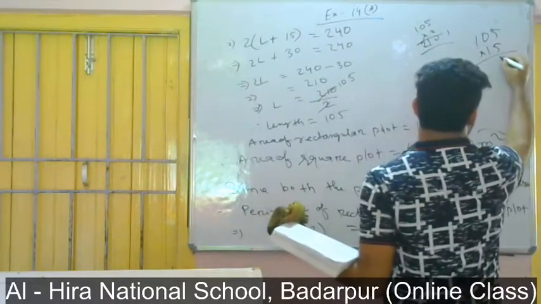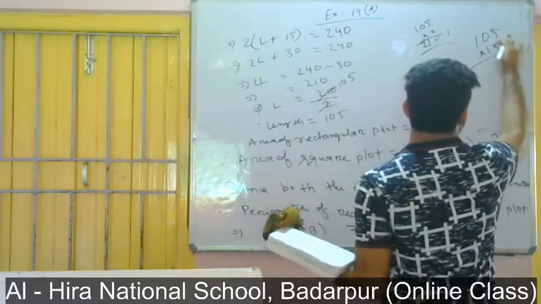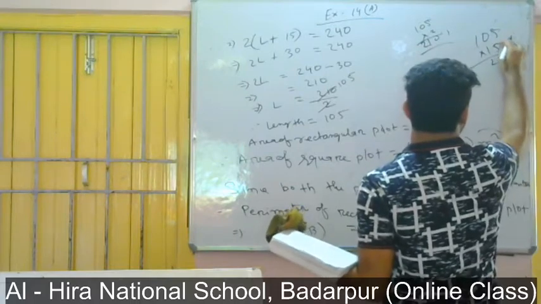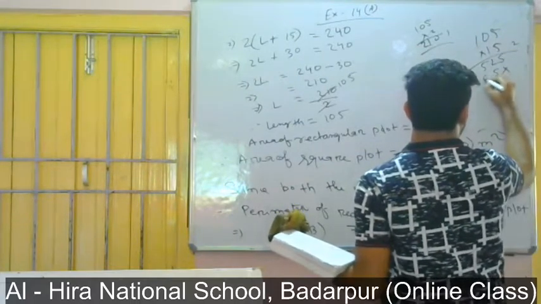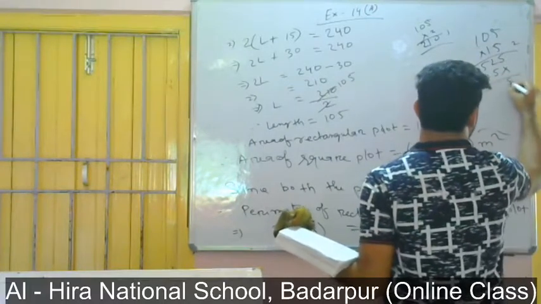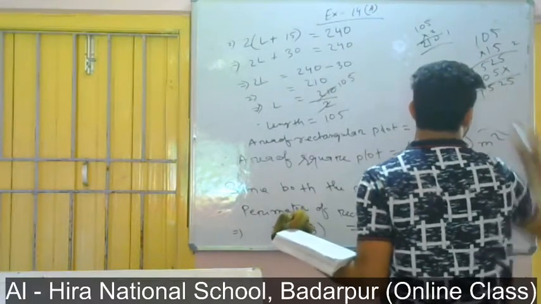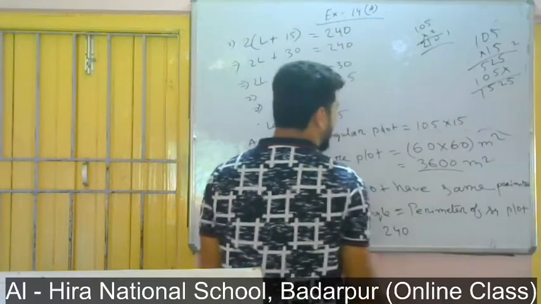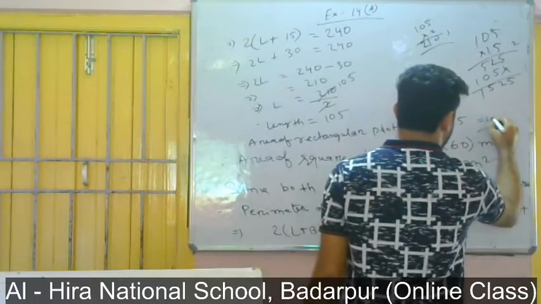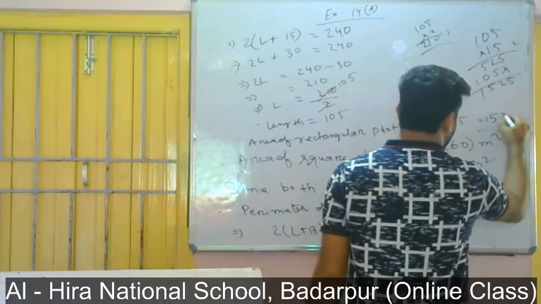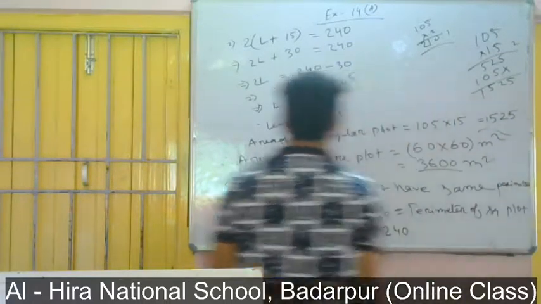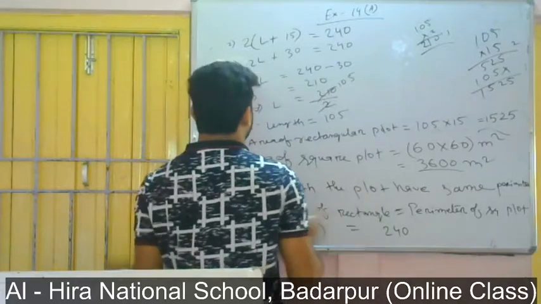5 fives are 25 and remain 2. 5 zeros are 0 and 2. And 5 ones are 5. Then 1 zero is 0, 1 one is 1. So we got 1525.